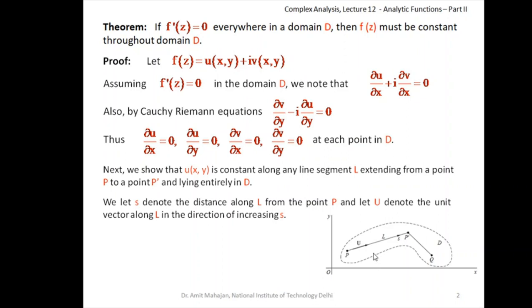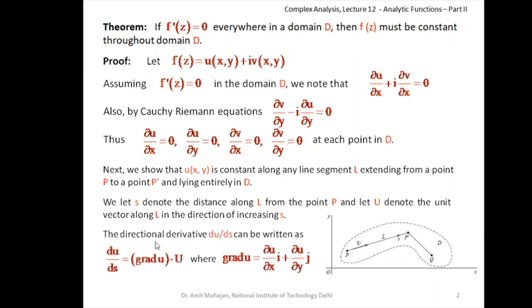Let s be the distance of point P from P' and let capital U be the unit vector in the direction of increasing distance. By a calculus result we can calculate the directional derivative of the function u along this line. So du/ds is the gradient of u dot product with the unit vector U, where the gradient of u is the partial derivative of u with respect to x times i plus the partial derivative of u with respect to y times j.